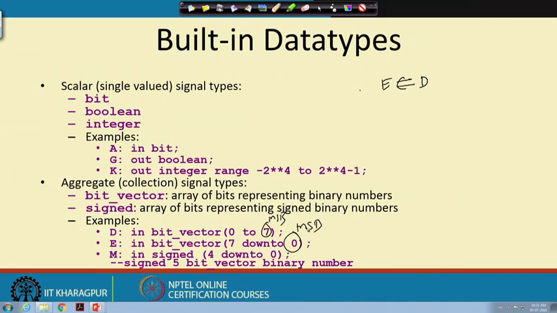That way their values will be assigned properly. Then there is this M in signed 4 down to 0. So, it is a signed 5 bit vector, and it is a binary number. Okay.